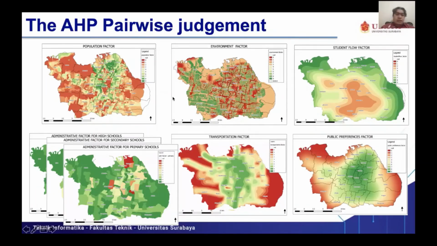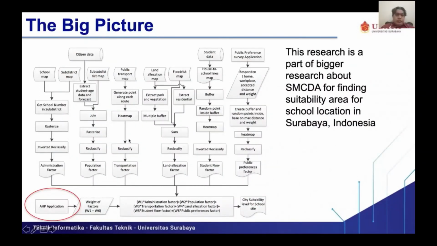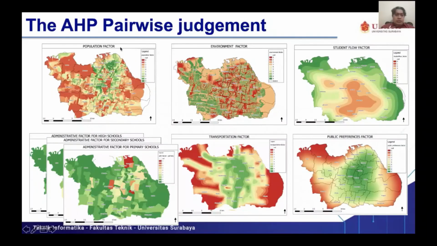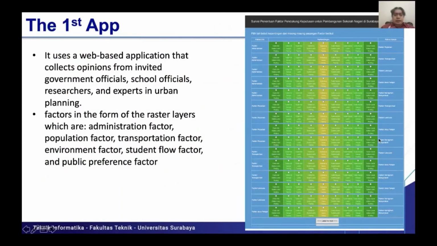From this scheme, we get a GIS factor, population factor, environment factor, student flow factor, administrative factor, transportation factor, and public preference factor. The first application was already done. It used a web-based application and collected opinions from invited government officials, school officials, researchers, and experts in urban planning.